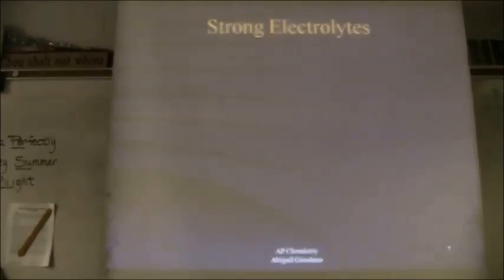I'm hoping you saw that word in Chem 1. Does anybody remember what it means? It's something that ionizes very well. That's true. It releases a lot of ions into the solution, and because it does that, what can it do? It conducts electricity. It can conduct electricity, absolutely.